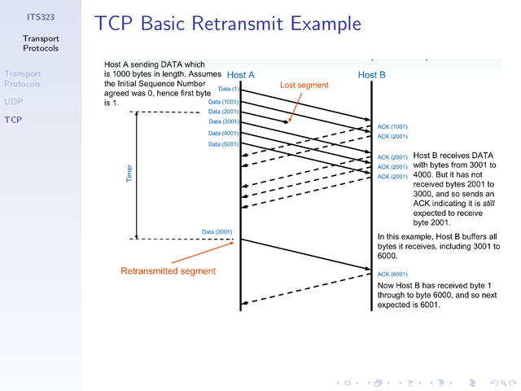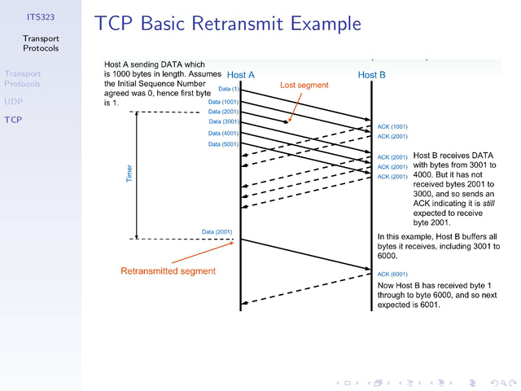And it's at this point in time that B recognises something's gone wrong, or potentially some data may be lost, because B expects to receive the data in order. We've transmitted the data in order, we should receive the data in order of sequence numbers. We've received from sequence number 1 up to 2000 and 3001 up to 4000.